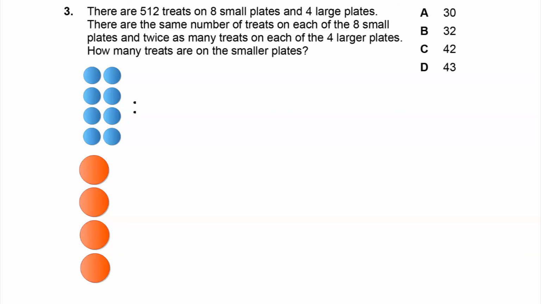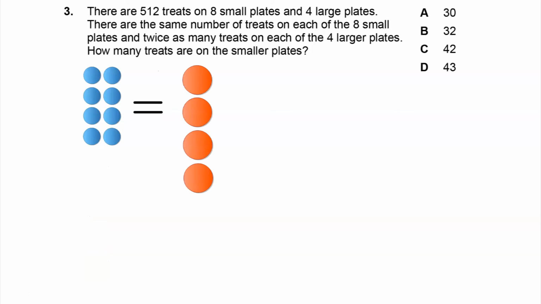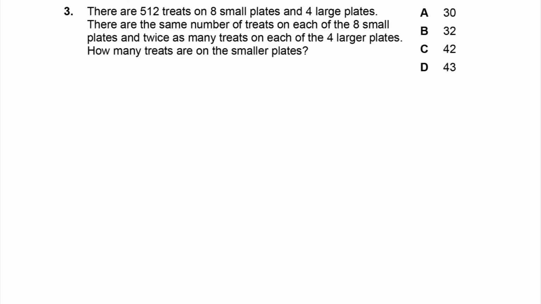They also tell us that the 8 smaller plates are equal to the 4 larger plates as far as the amount that they hold. To determine the number of treats on the smaller plates, I need to figure out how many treats are ending up on the larger plates as well.